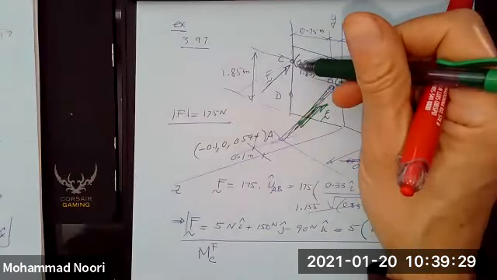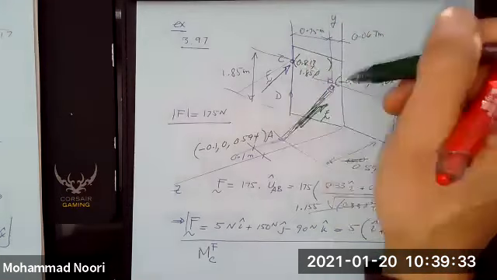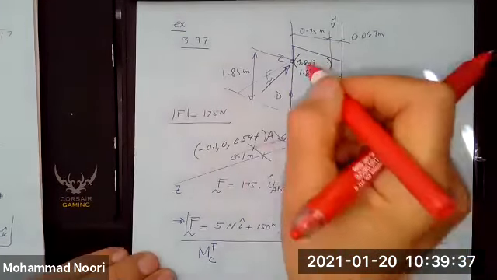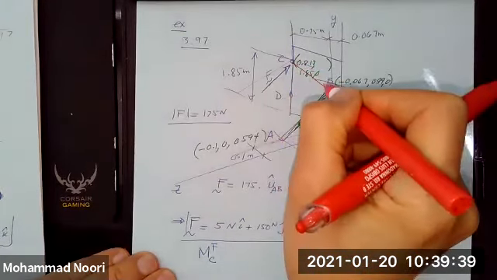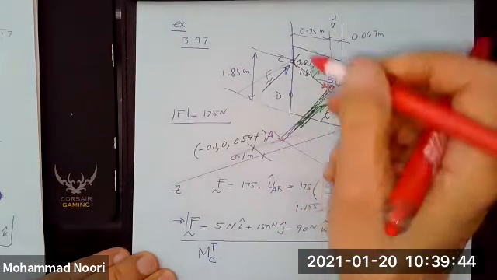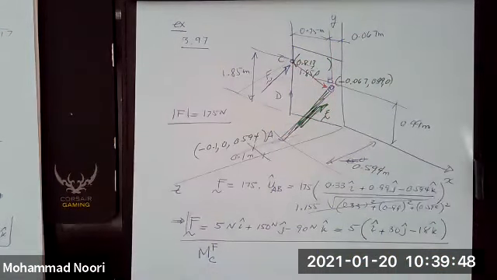I need to set up a position vector connecting that point to any point along this force. I would prefer this as the position vector because it's a two-dimensional vector instead of this, which will be a three-dimensional vector.